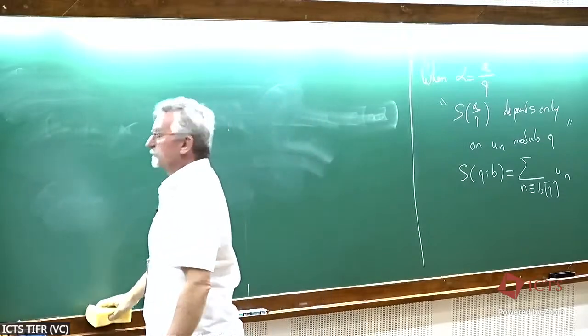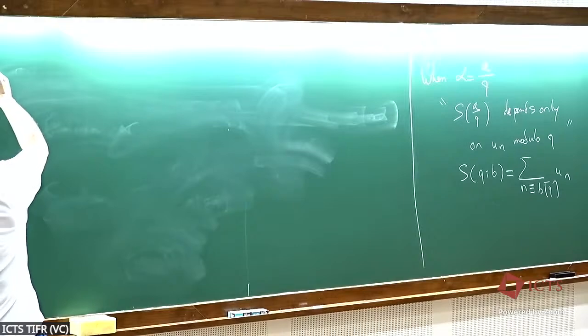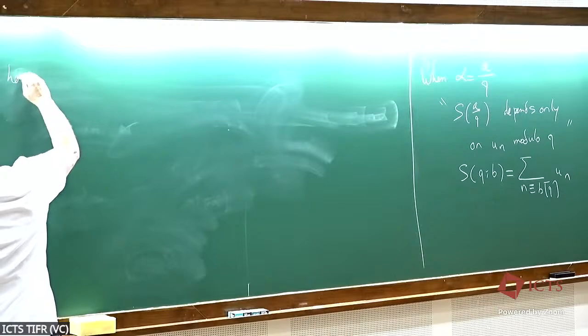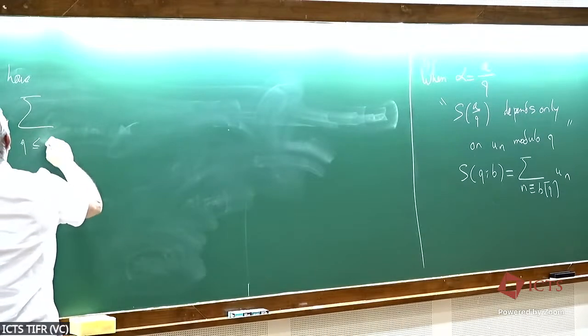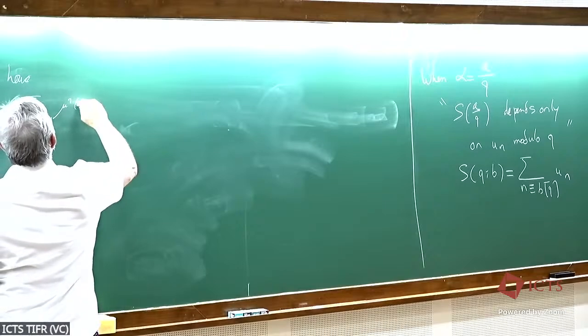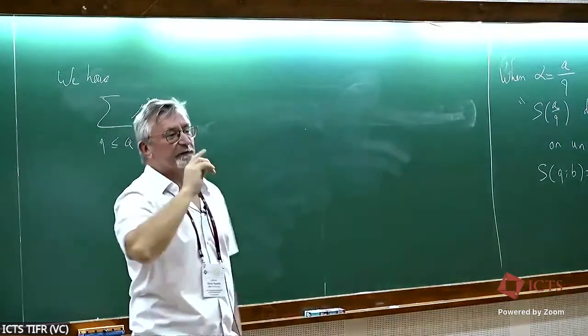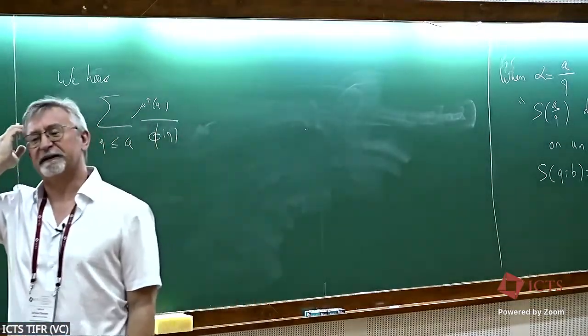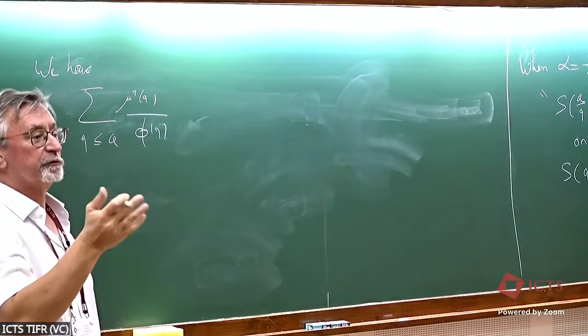Maybe you've proved it in exercises, or we'll do it at some point. It's a very nice exercise. The sum for q less than Q of mu squared of q on phi of q. Phi of q is of size about q. You know, phi of q is q times the product of (1 minus 1 over p) for p dividing q.